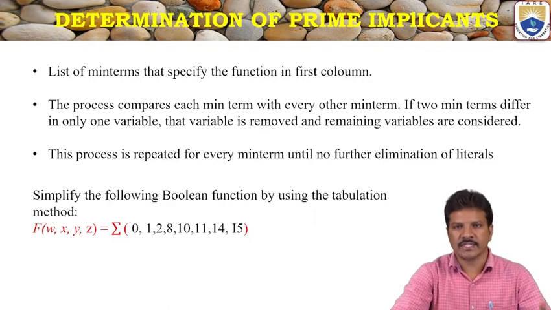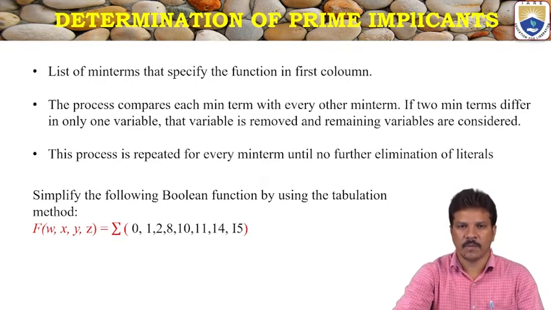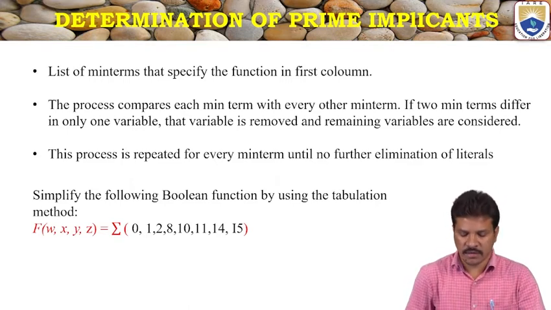Again, we compare one minterm with the other minterms and check whether any one variable is different. Likewise, we compare one group of minterms to the other group, and this process is repeated until no further elimination of literals is possible. That can be seen now, using the tabulation method to minimize the given Boolean function.